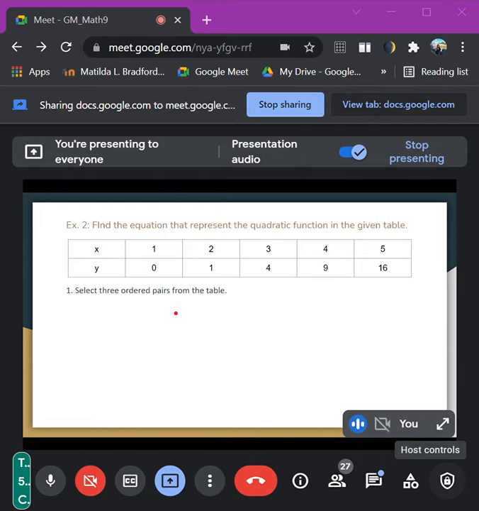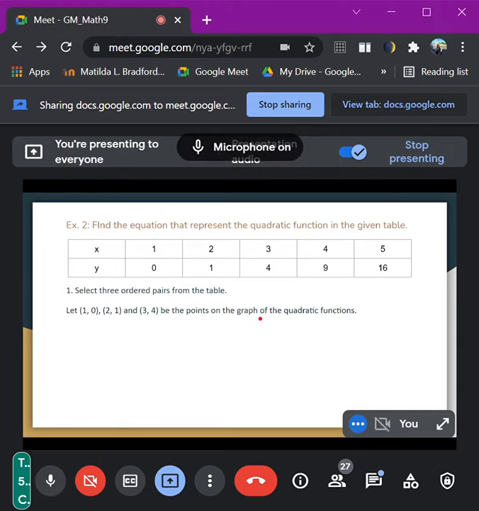For step 1 is we're going to select 3 ordered pairs from the table. So, kani pwedeng first 3 nila. So, we can use 1, 0, first ordered pair, 2, 1, second ordered pair, and then 3, 4, third ordered pair. So, mo na siya inyong mga gikuha nga ordered pairs.